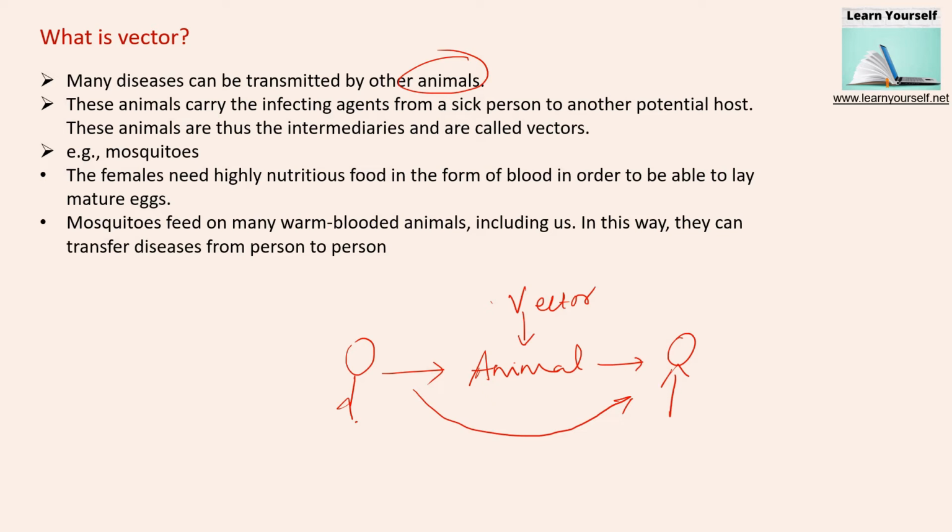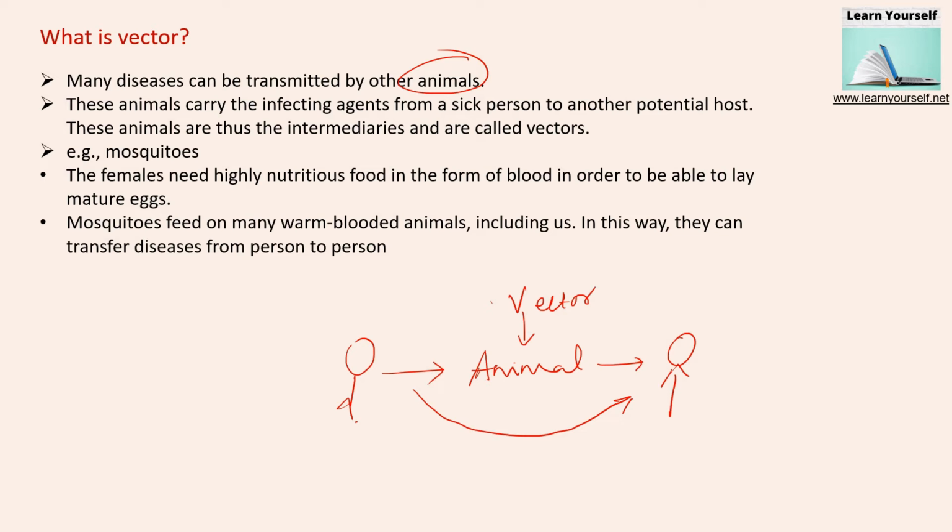For example, mosquito. The female needs highly nutritious food in the form of blood in order to be able to lay mature eggs. Mosquitoes' life cycle is very short, and male mosquitoes do not bite us. Only female mosquitoes will bite us, and once they reach mature age, as per their life cycle, they need to lay mature eggs, and for that they need lots and lots of blood.